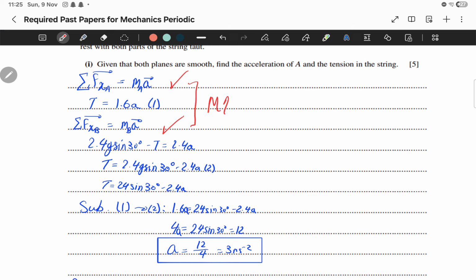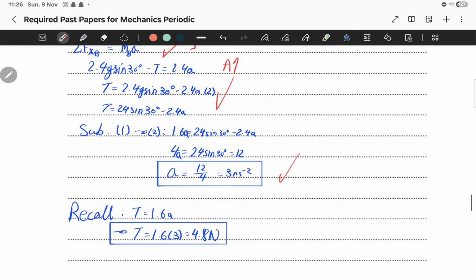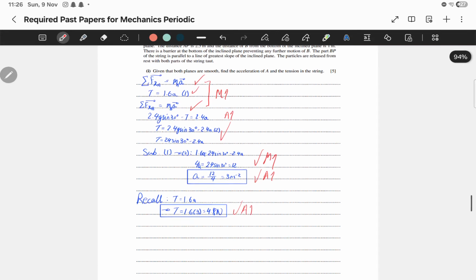We get the mark for two correct equations from this and this. So this is A1. Solve for A or for T, we solved for A. So M1 here. The answer is A1 here. And then tension's 4.8, A1. See that they're distributing marks very freely here. 1, 2, 3, 4, 5. Yes, 5.